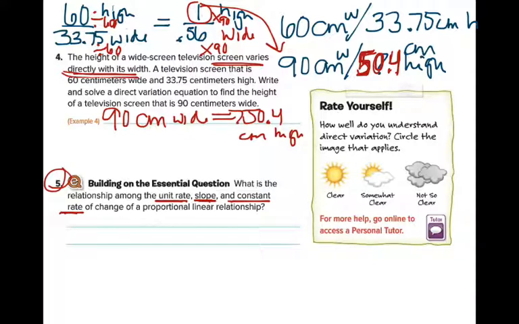So think about unit rate compared to slope compared to constant rate. They definitely coordinate together. Is there any difference between them? Is there any subtle thing that you can kind of decipher them from, or are they all talking about the same thing? So come up with a relationship that you see between those 3 words, and that's it. You are done.